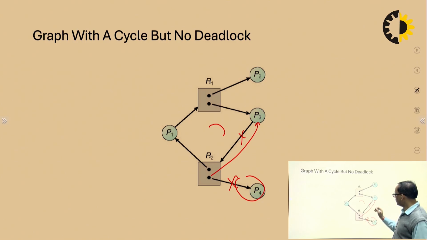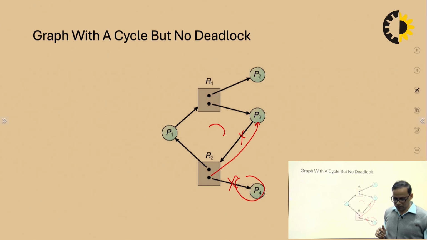When it is allocated to process P3, this cycle will break and it will complete its execution. It will release R1 and R2, and this R1 will be allocated to process P1. Process P2 will also complete its execution, because process P2 doesn't need any other resources. Okay, so a cycle is formed, but there is no deadlock in the system.